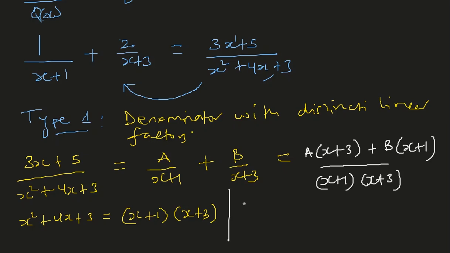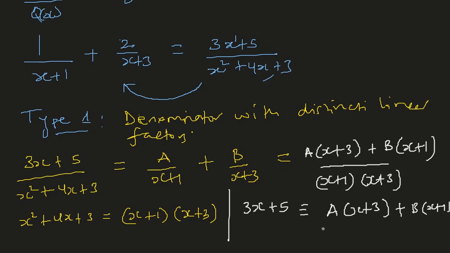Therefore the numerator on the left hand side, which is 3x plus 5, is identical to the numerator on the right hand side, which is A into x plus 3 plus B into x plus 1.